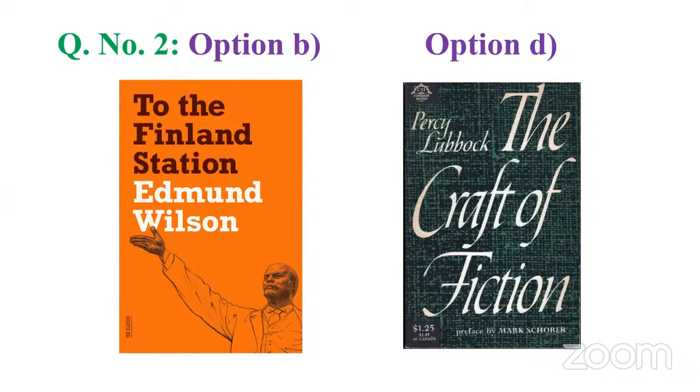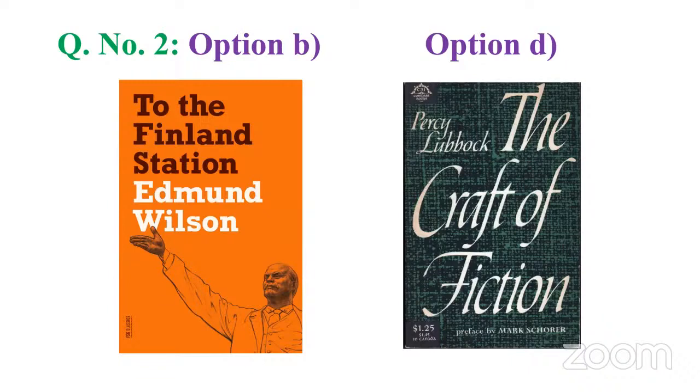Percy Lubbock is a critic known for his analysis of the novel, the genre called the novel. And if you want to do a research or study on the novel, then this is a good book to read: The Craft of Fiction. Fiction refers here to the novel. Even this might be a question next time.